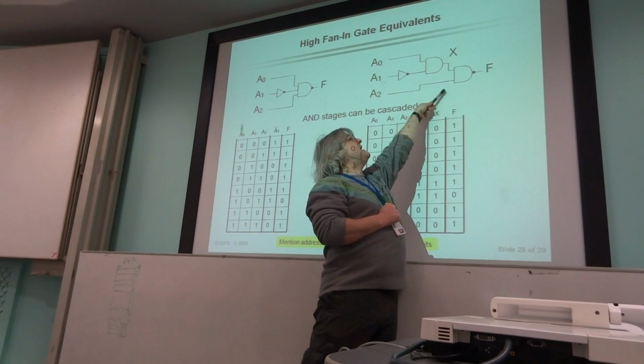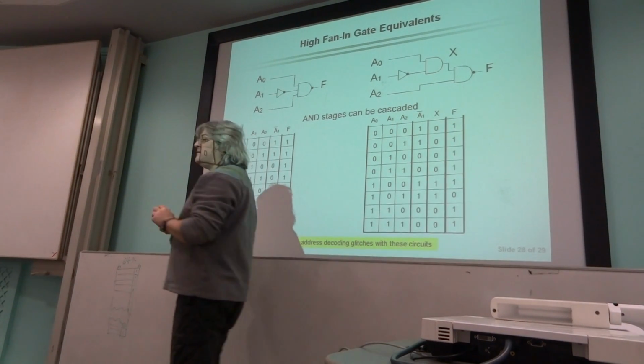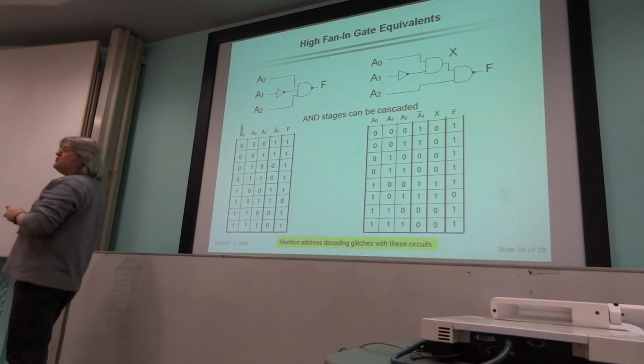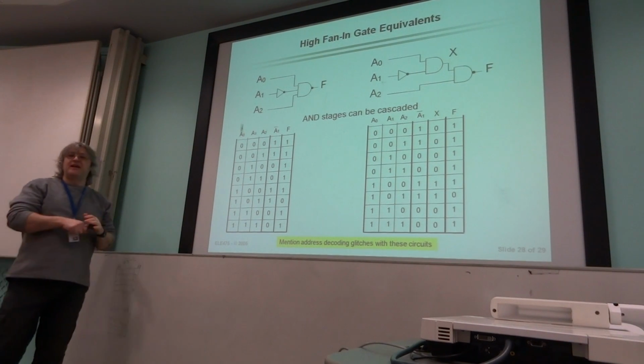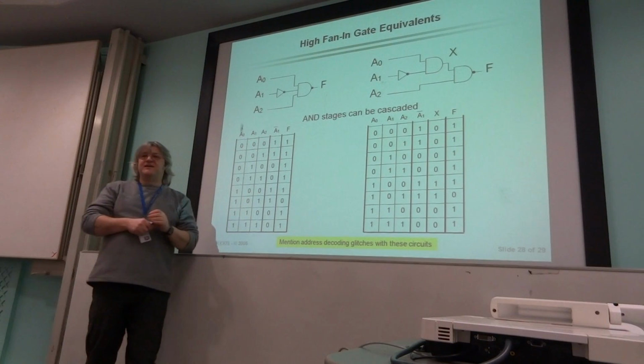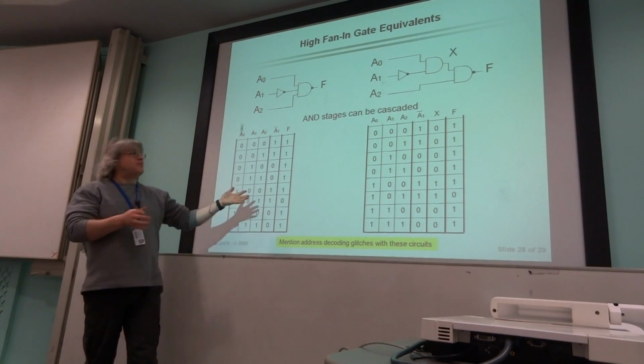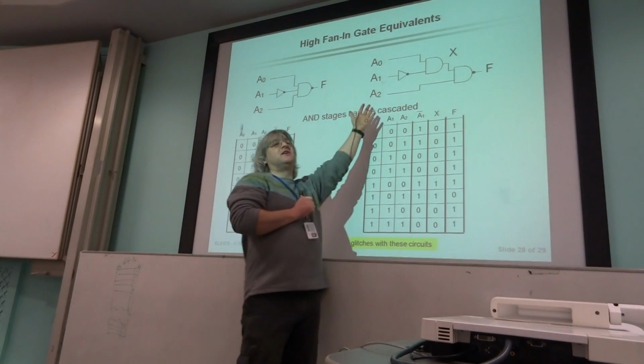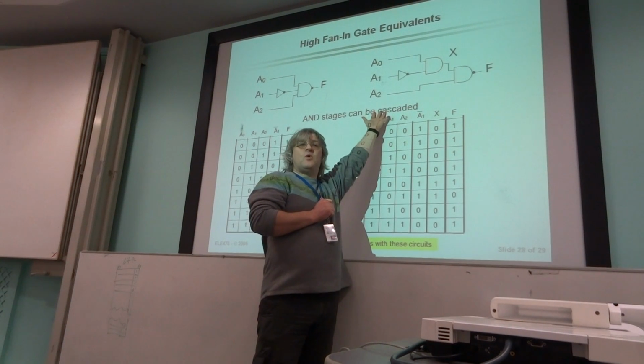In this case, an AND gate followed by an AND gate. So when I drew those things with 16-input NAND gates and 16-input AND gates and 5-input NOR gates, in practice, if you were going to do it with discrete logic, you're going to have to do it in some way like this.